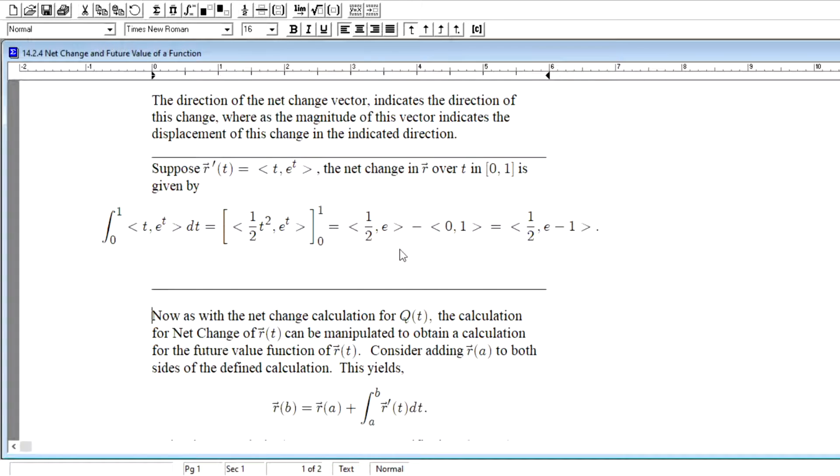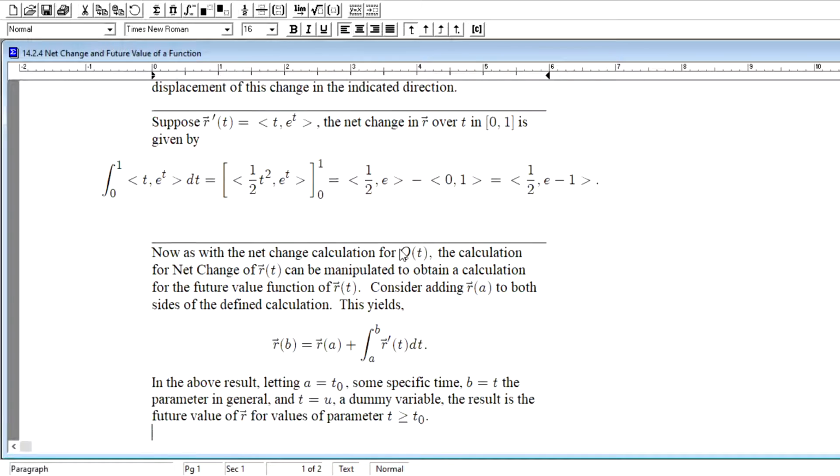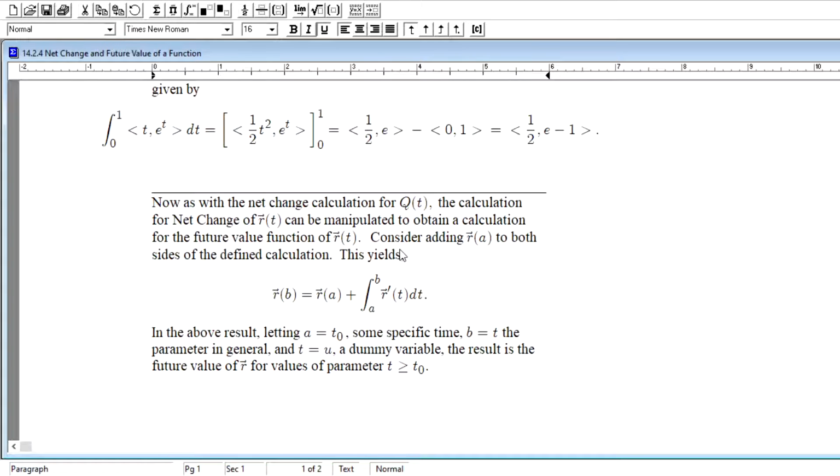I do break down that development here in the notes. As with net change, and this was something we saw similar back in Calc 1 with just net change in general, the calculation for net change of r bar of t can be manipulated to obtain a calculation for future value of r bar of t. Consider adding r bar of a to both sides of this calculation as I had described previously.